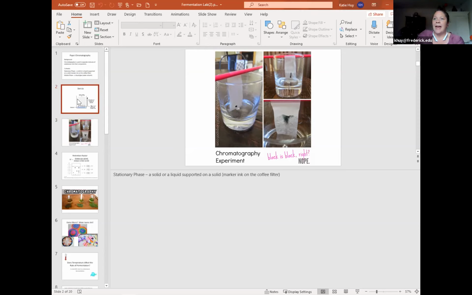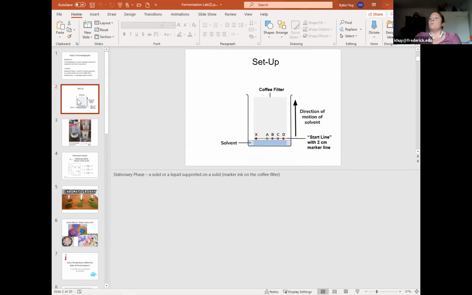If we look back up here, before you put water into your glass, you're going to want to make sure that your water does not go over your line. If the water goes over your line, you're going to see the diffusion of the ink down into the water, and that's not what we want.